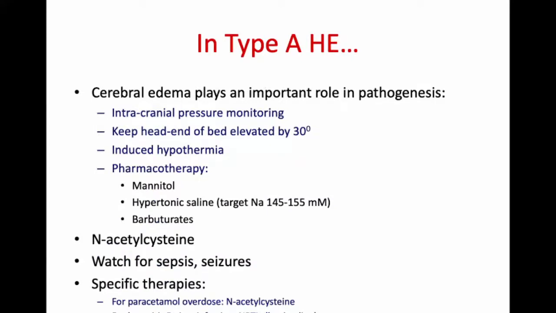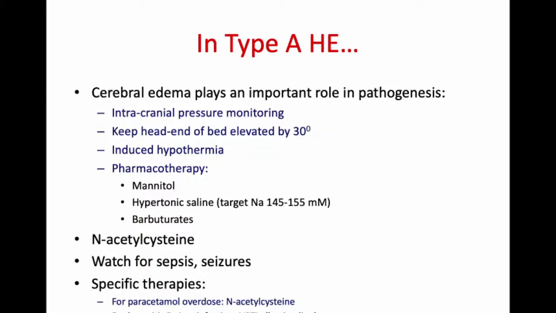And finally, type A hepatic encephalopathy is one where the liver was originally normal and now there's an acute liver disease, and where there's no shunting. In this particular type, cerebral edema plays an important role in pathogenesis. So these patients require ICU care with intracranial pressure monitoring, which is not available in Sri Lanka.